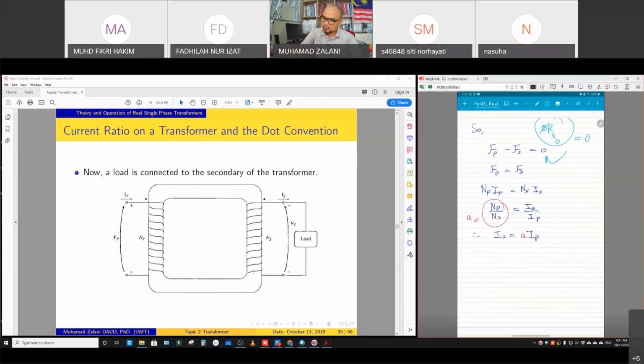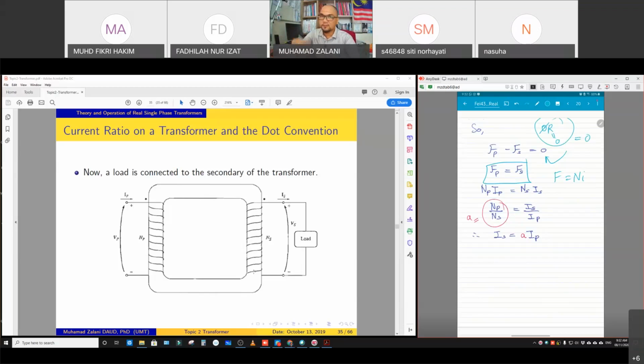And then we can say that actually the primary part of the MMF that is produced by this transformer is equal to the secondary part of the MMF. So we can further rearrange it because we know that F equals to Ni, right? From our previous lesson. So we can use Np Ip equals to Ns Is.